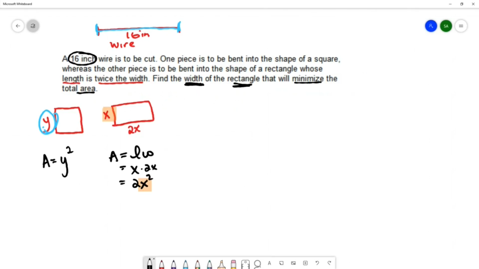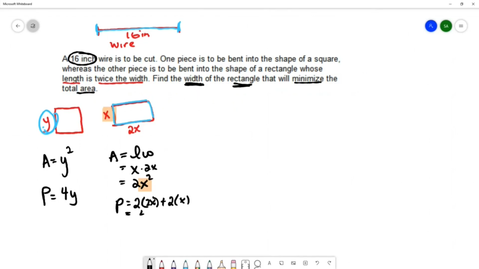So what I'm going to use is the perimeter of this square. The perimeter of this square is going to be 4y, and the perimeter of the rectangle is going to be 2 of the 2x's and 2 of the 1x's. So you can see we have 2 of the 2x's and 2 of the 1x's.